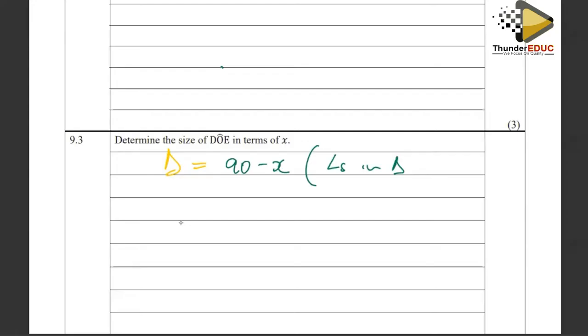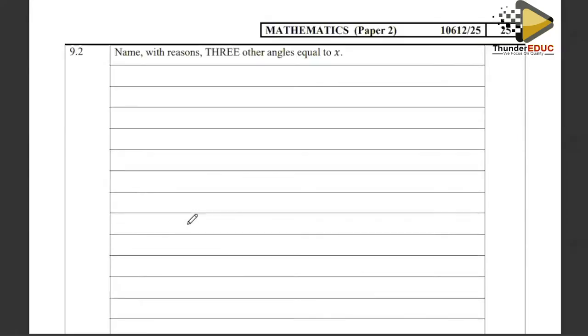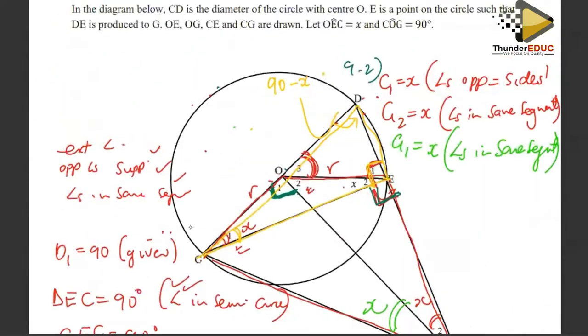I'm looking at triangle DCE. Then if this is 90 minus x, this is a 90, then I need to find what O3 is.